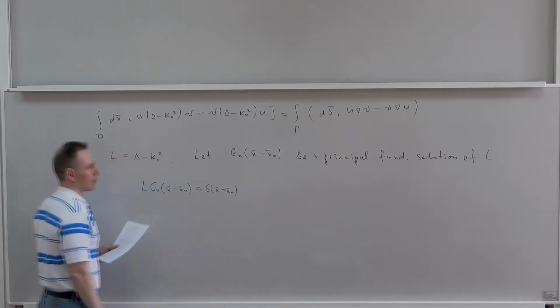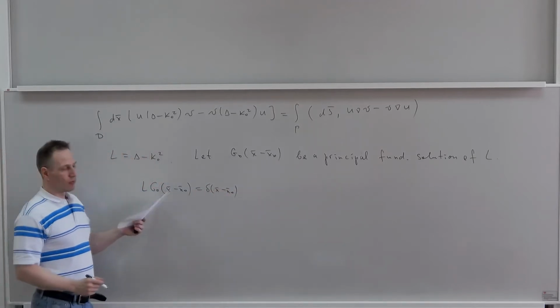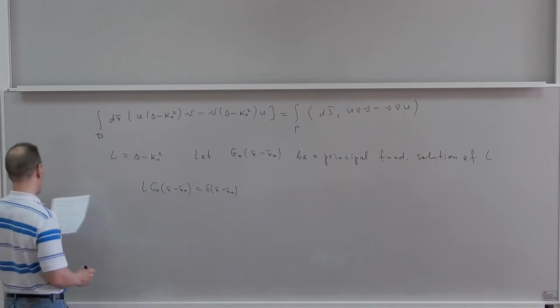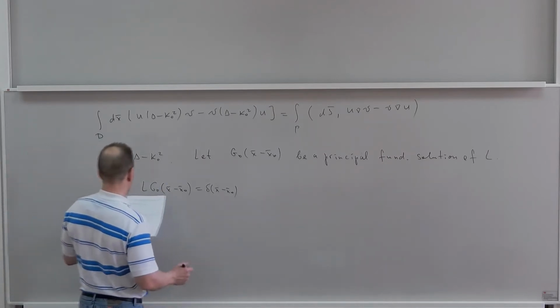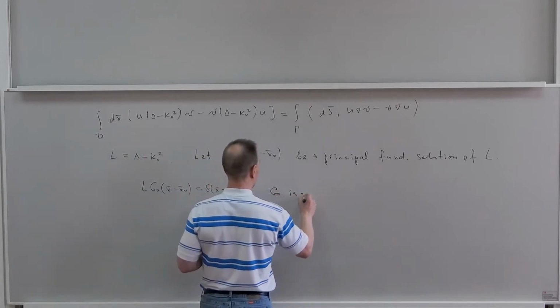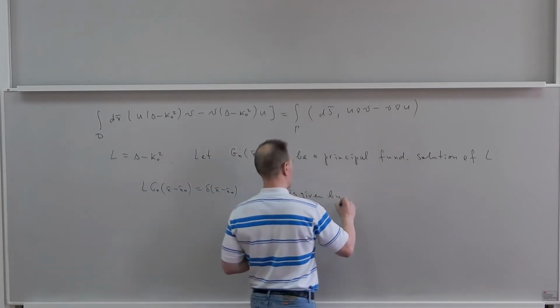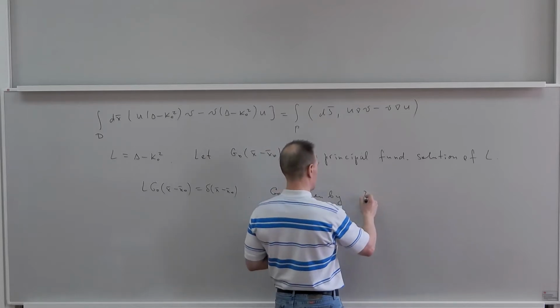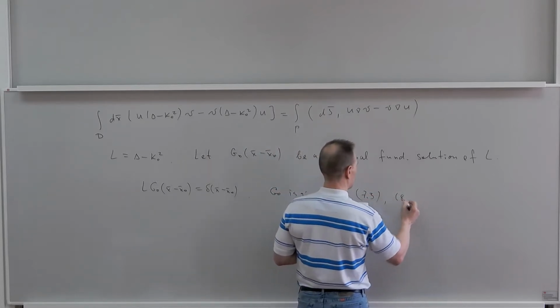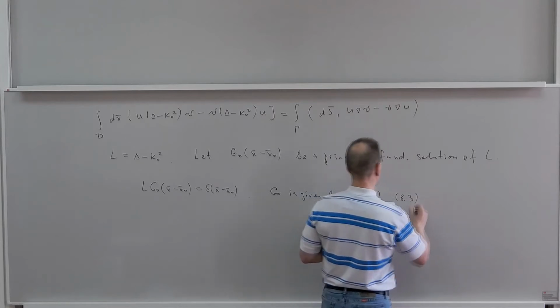And in fact, we wrote the explicit form for this operator in the previous lectures. G0 was given by formulas 7.3 and 8.3.